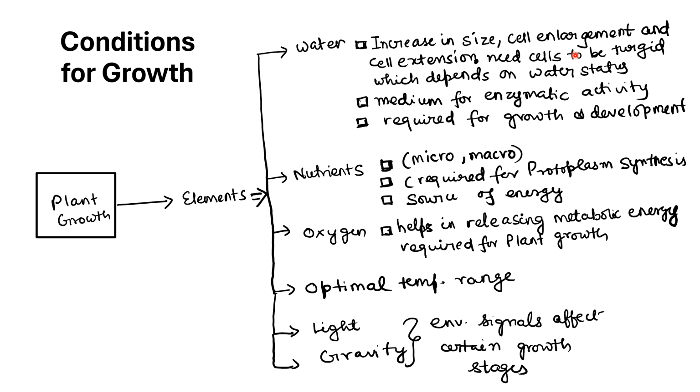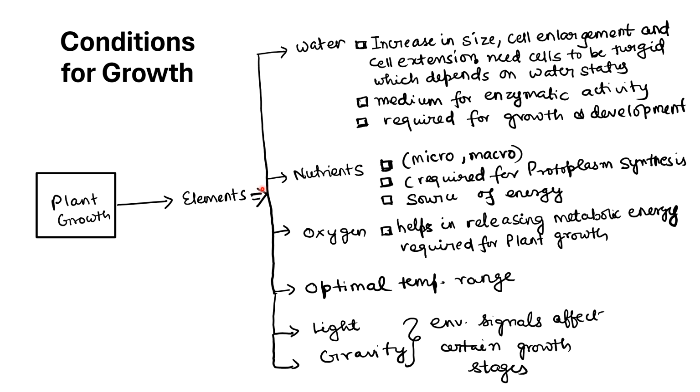So water is very essential for the growth and development of plants. That's why we are advised to water the plants on a regular basis, or the plants will have wilting or sometimes death in extreme conditions.